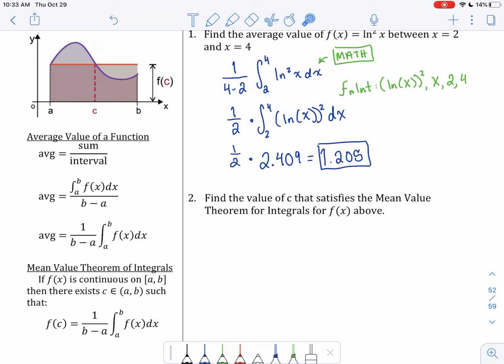So what you'll do then is set the function equal to the average value. The function in this case, f of x, is ln squared x, and it is equal to the average value, which we just found above as 1.205.